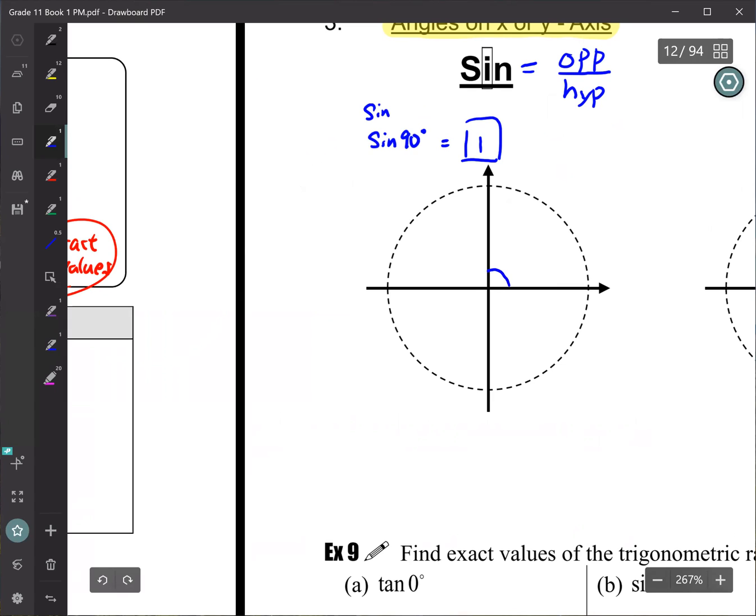You turn 90 and then turn another 360. It also stopped there. So 360 plus 90, that's 450, will also be the same. And so on. Anytime it turns to the same place and stops here, it will equal 1 for sine.